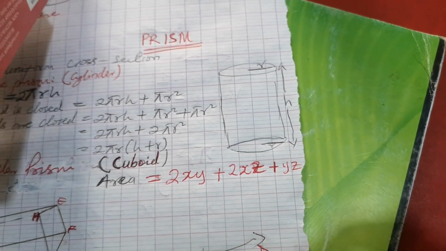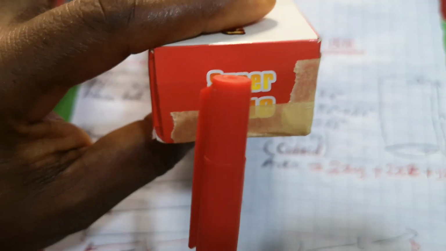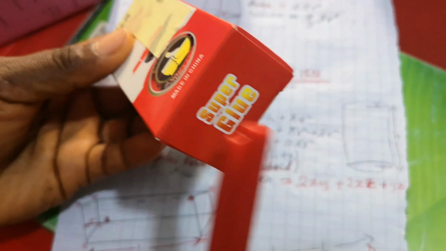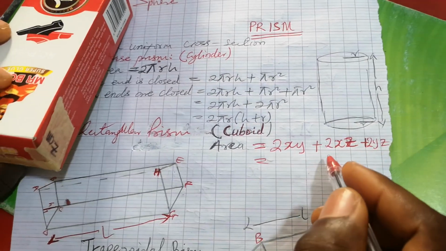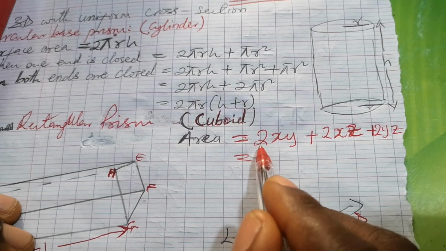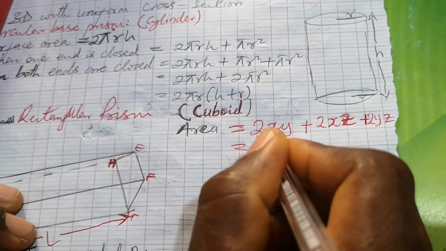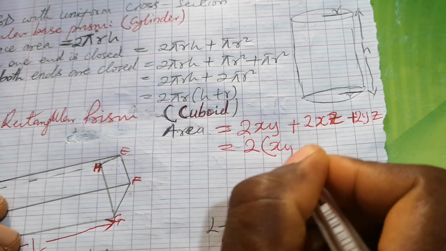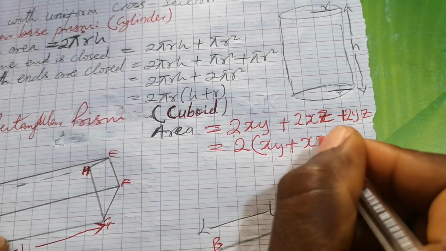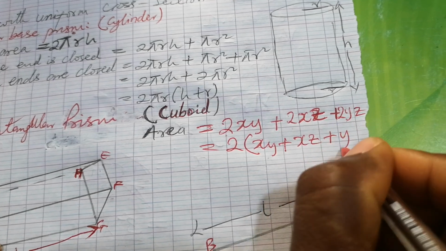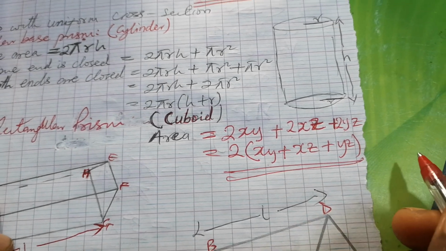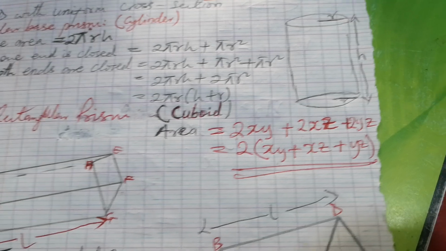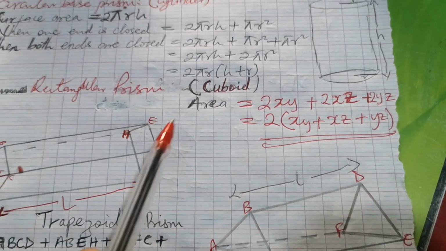But because the area here and the area here are the same, I will multiply by 2. From here you see that we have a common factor, which is 2. So we can collect the 2 and say 2 in bracket xy plus xz plus yz.